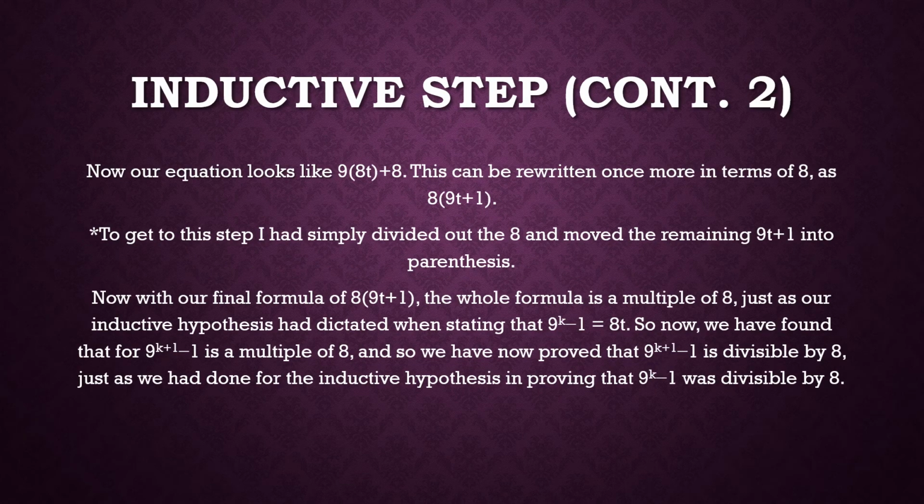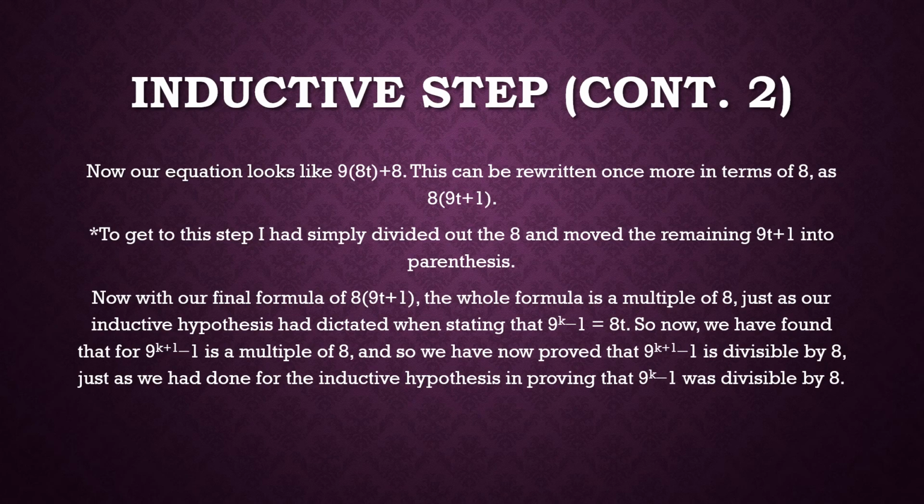And just as we had mentioned before in our original inductive hypothesis, 9 to the k minus 1 is equal to 8t. So now we can substitute in 8t for 9 to the k minus 1. So now we have 9 multiplied by 8t plus 8, which can be rewritten in terms of 8, which gives us 8 multiplied by 9t plus 1.